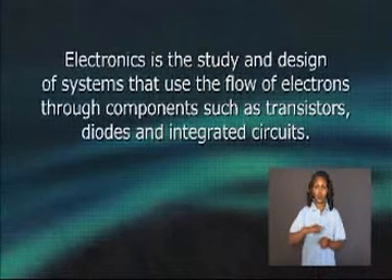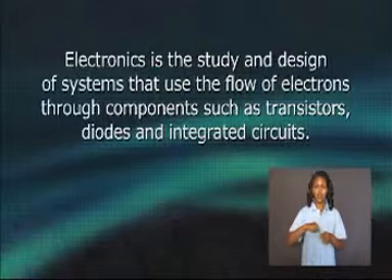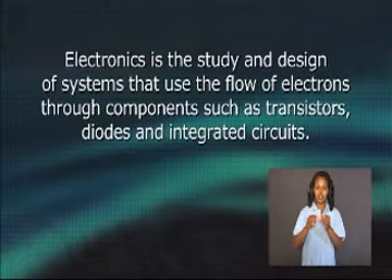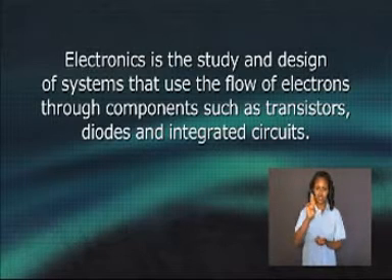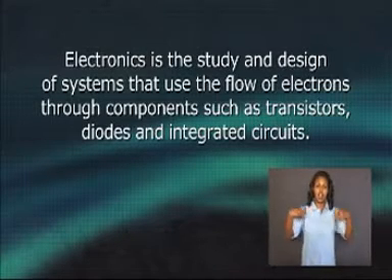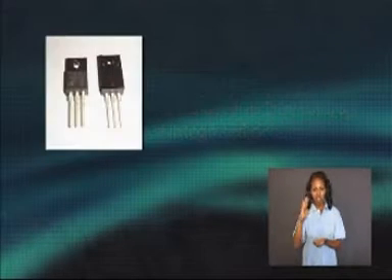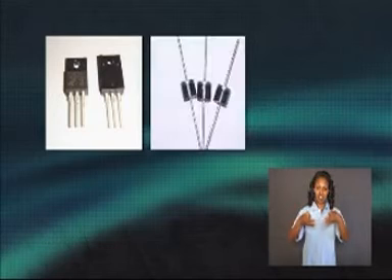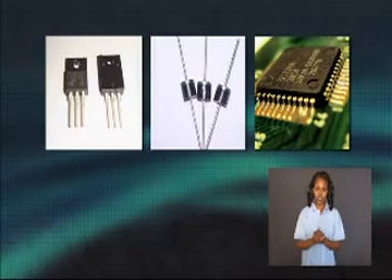When we speak of electronics, we talk about a branch of science that deals with the study and design of systems that use the flow of electrons through components such as transistors, diodes, and integrated circuits.